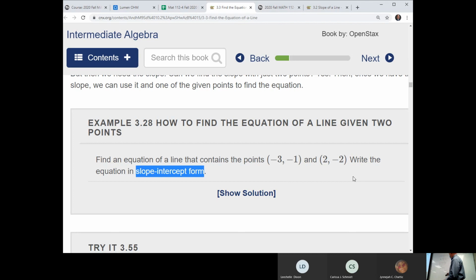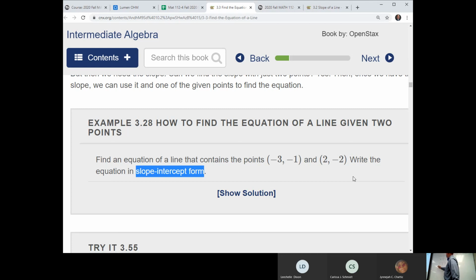So the slope is negative 1/5. Negative 2 equals negative 1/5 times 2, so negative 2/5, plus b. Now I can figure out what b is. Add 2/5 to negative 10/5.